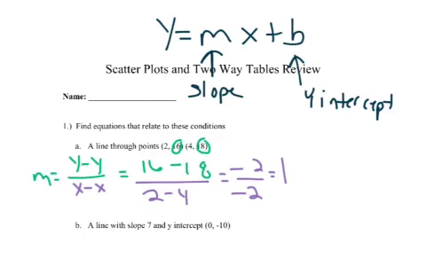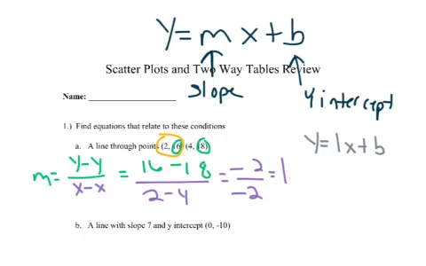So far, I would have the equation y equals 1x plus b. All I did from my general equation is I substituted 1 in for my slope. Now to find your b, your y-intercept, you can plug in either this ordered pair 2, 16 or this ordered pair 4, 18. It does not matter. So I'm going to plug in the ordered pair 2, 16.